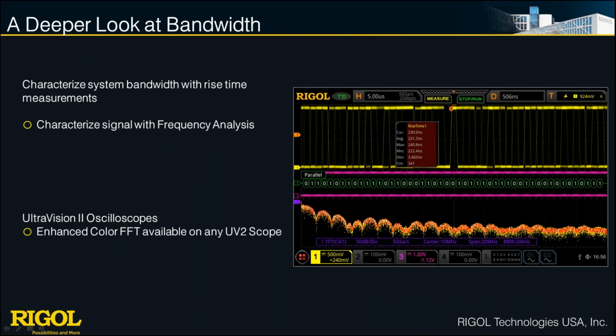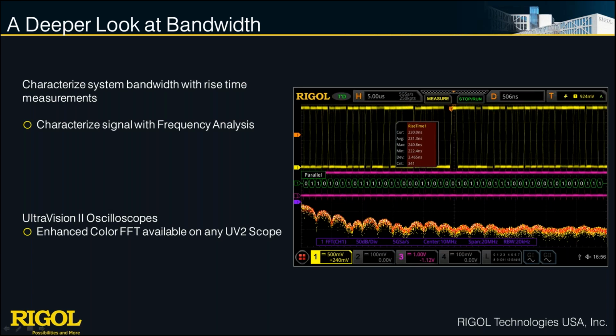Another way, since we now know that rise time and bandwidth are interrelated, is to use some of the different tools in this oscilloscope to look at the bandwidth of this data signal.